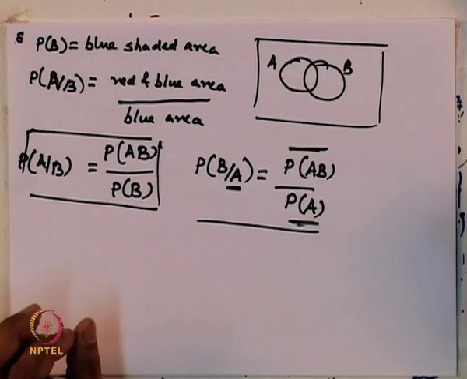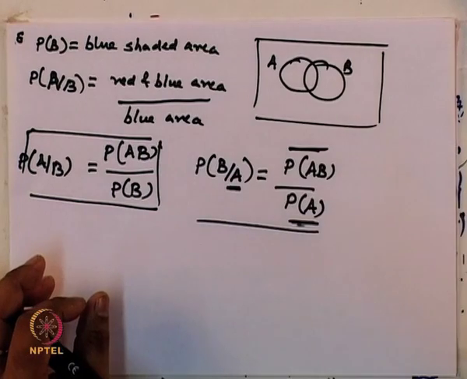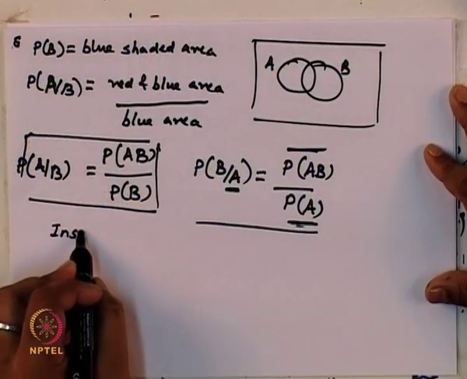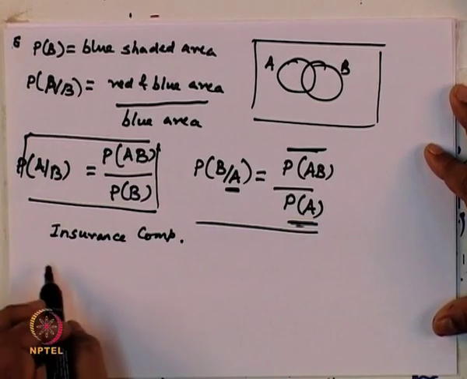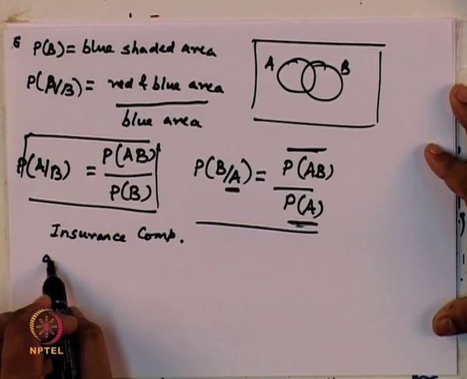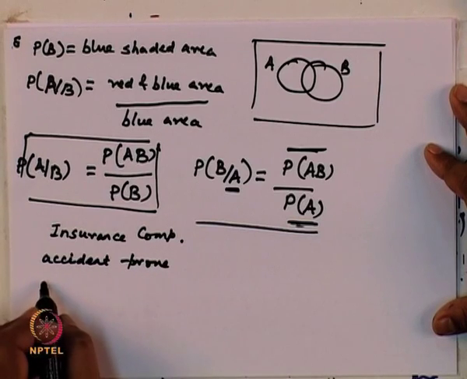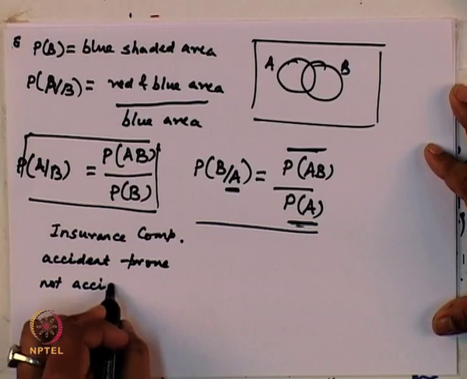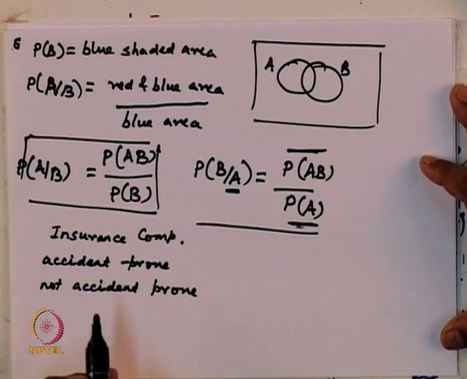Imagine you are running an insurance company, and from your way of looking at people, you characterize any person X as accident prone or not accident prone. What is your basis for characterizing people through these two terms?